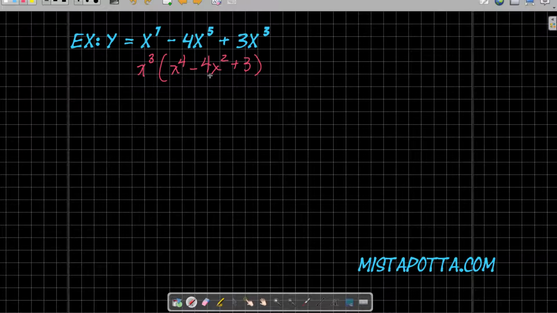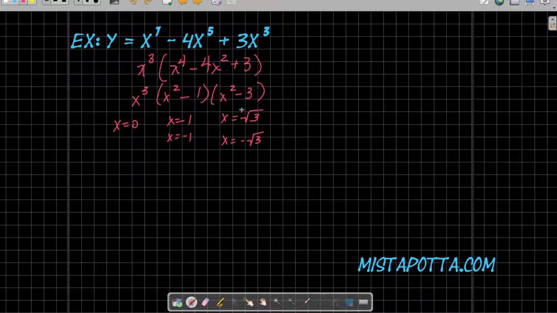And this is going to simplify to x cubed, and this is going to be x squared minus 1 and x squared minus 3. So here I know that x equals 0 is going to be a solution, x equals 1 or x equals negative 1 is going to be a solution to this term, and x equals radical 3 or negative radical 3, those are going to be the solutions to this term.